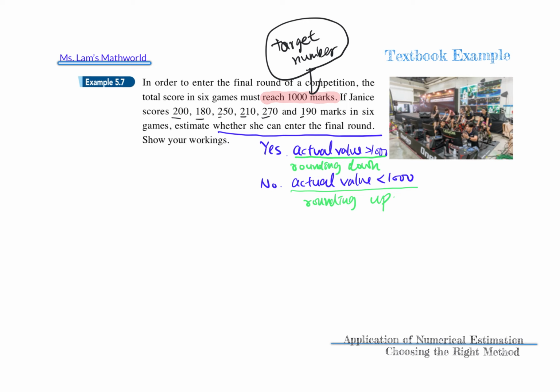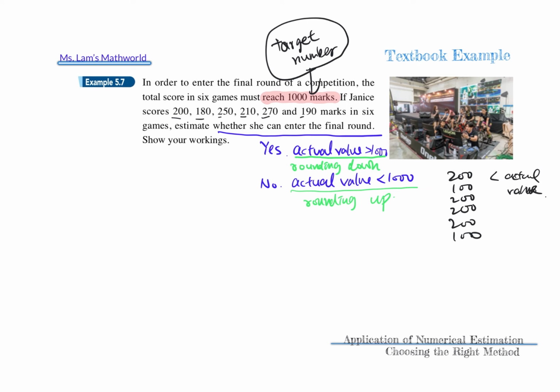So in this case, because I just checked 200, 100, 200, 200, and then another 200 and 100, all these are less than the actual value, right?